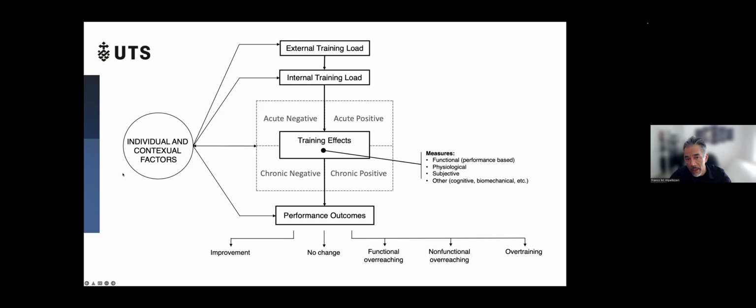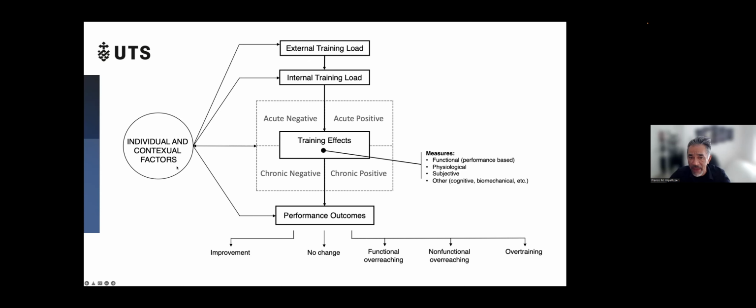We also added another component, and we wanted to explain that individual and contextual factors have an effect on all these components. Individual factors are genetics and things like that.